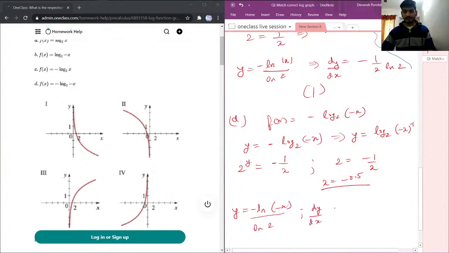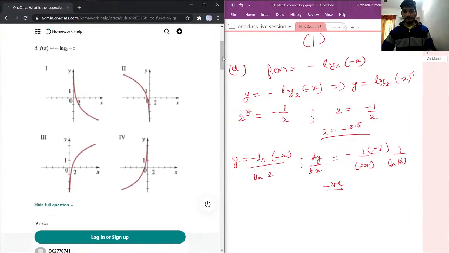The derivative will give minus, derivative of minus x is negative 1, over ln of 2. This and this will get cancelled and we have a negative slope. So for negative slope we have this, and for positive y we have negative x. For positive y we have negative x. So for D, the graph will be 2.